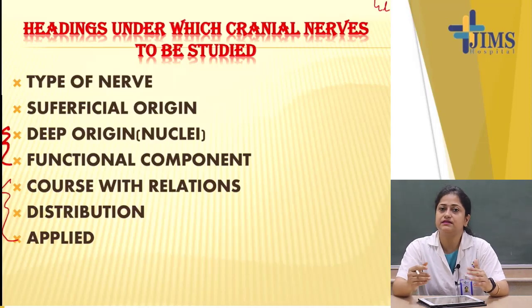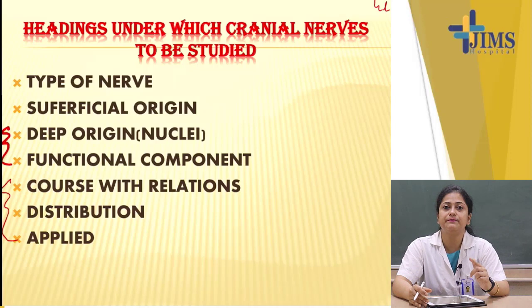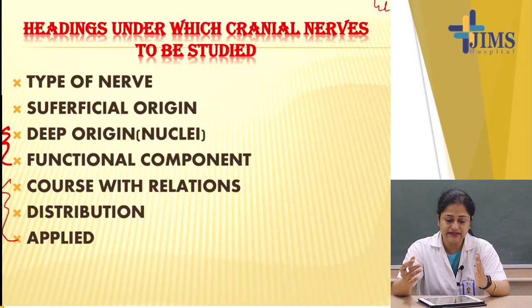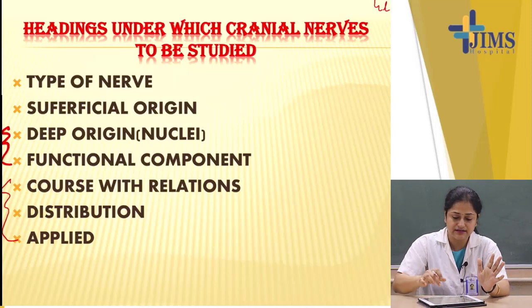If there are muscles, the muscle needs to be supplied by a nerve. So each of these branchial arches is provided with nerves. Those nerves which supply the muscles developing from the branchial arches are known as the branchiomotor nerves, or the branchial efferent nerves. These are the different components. We will describe them in detail in this class.